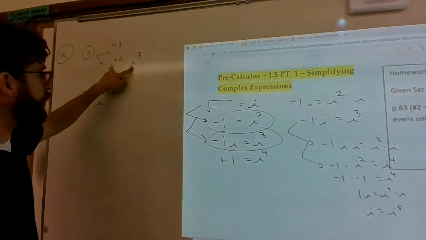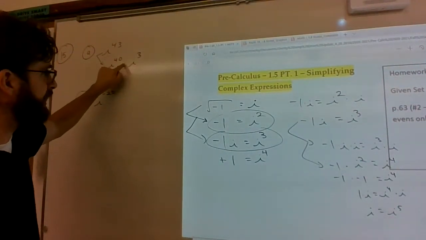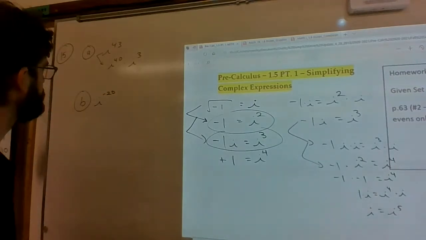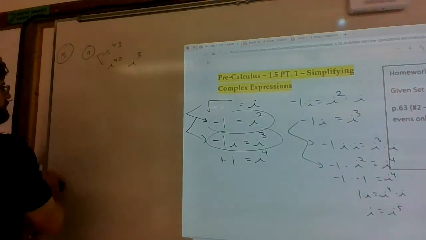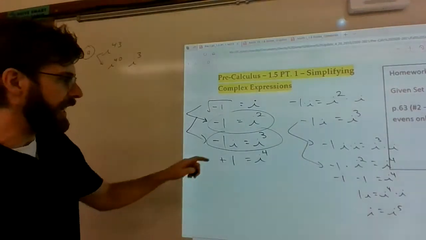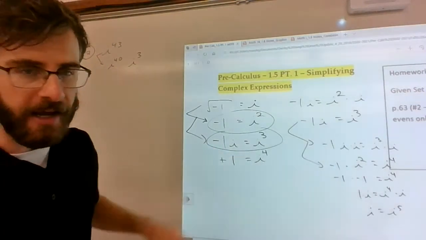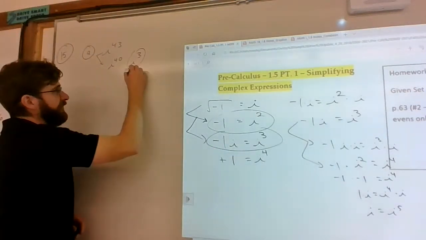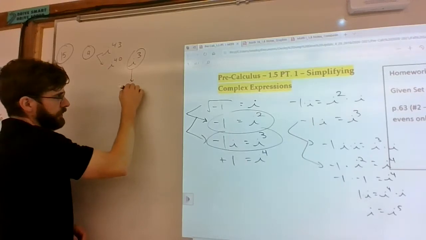And if you have powers of the same base multiplied together, you add the exponents. I know i cubed is negative 1i, and that's about as simple as i cubed goes.